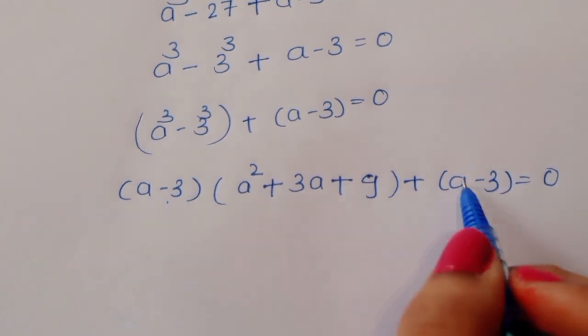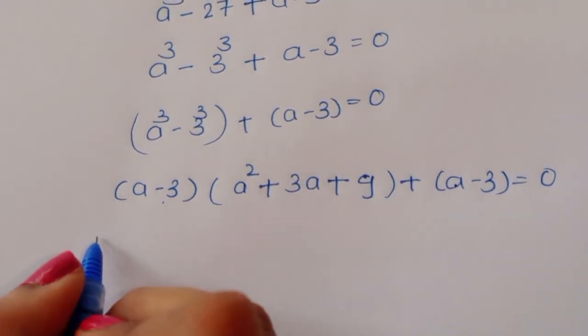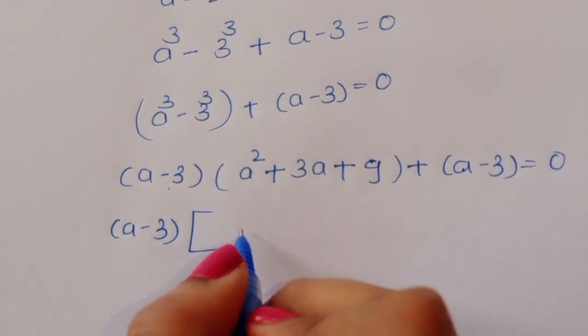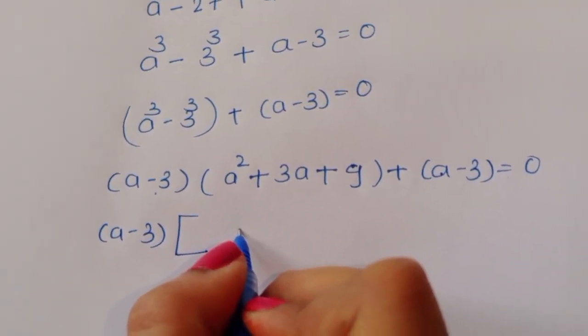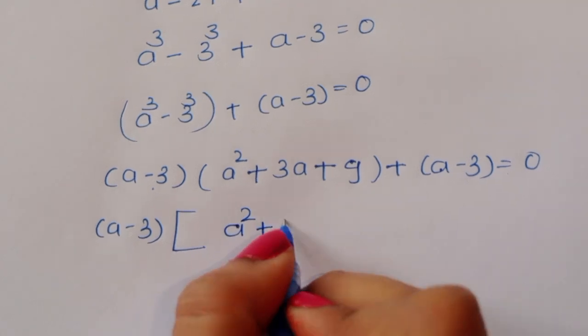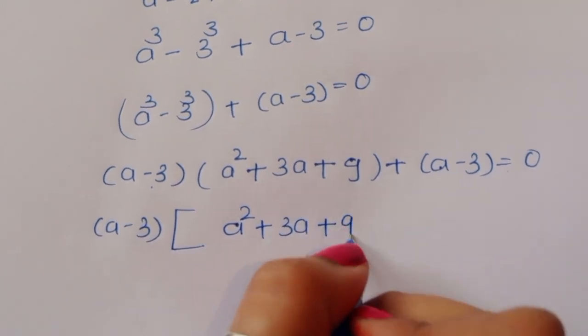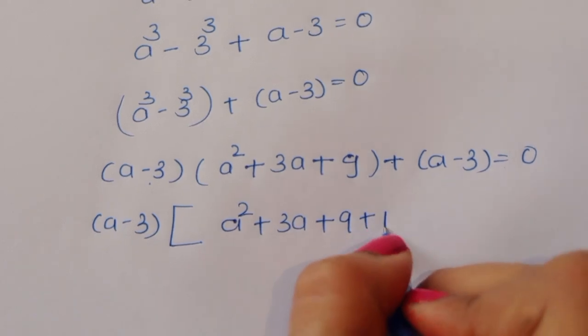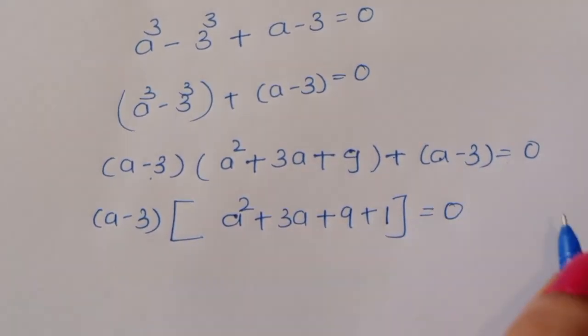Now we can take a minus 3 common. The left term is a square plus 3a plus 9, and plus a minus 3, already taken common, so plus 1 is equal to 0.